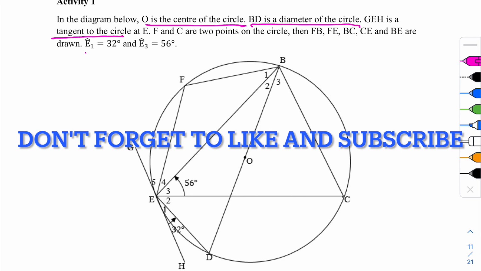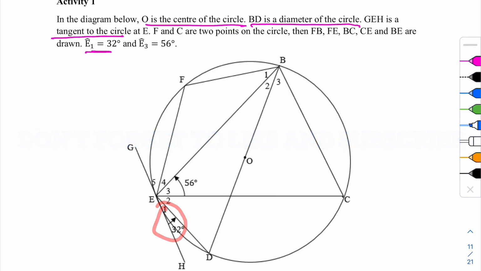And they gave us angle E1 to be 32 and angle E3 to be 56. So that's E3 being 56 degrees. Okay, so center of the circle, you think of things like angle at the center twice angle at the circumference, which you don't have here, but we have a diameter.